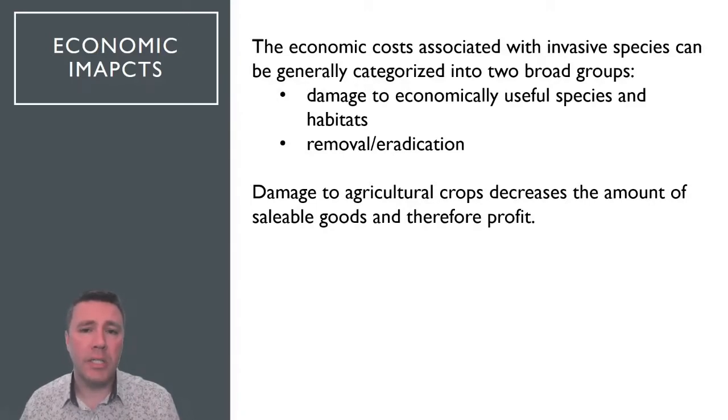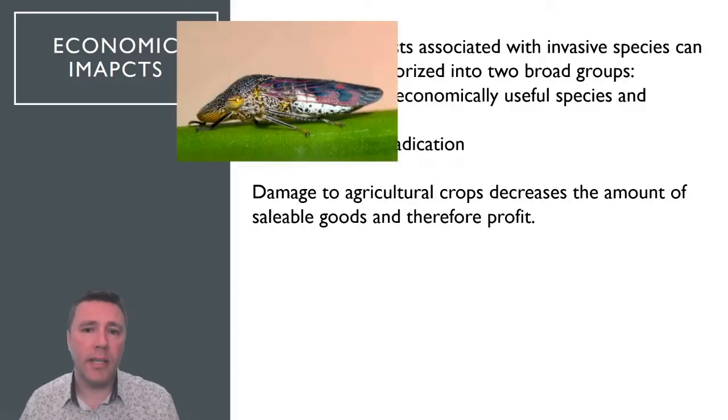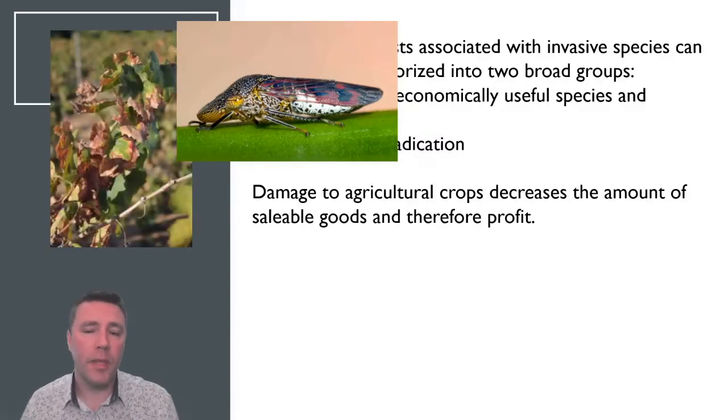There are literally dozens and dozens of examples that could be used here, and I can't possibly go through all of them. So I'm going to choose one in particular. It's an insect called the glassy-winged sharpshooter. The glassy-winged sharpshooter is believed to have been accidentally brought into the U.S., first appearing in the Southwest. What this organism does is it lays its eggs on the underside of leaves, especially grapevines.